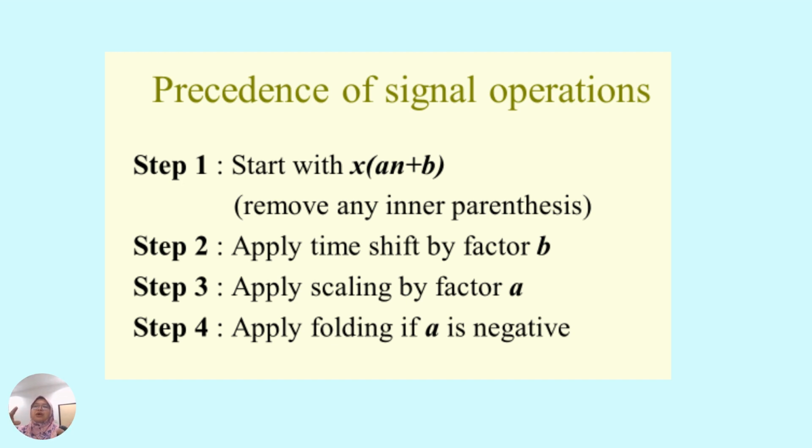If there are any inner parentheses in the x[n], you have to simplify them. After that, you need to do a time shift by the factor b, then a scaling by the factor a, and then you apply folding, if there is folding.